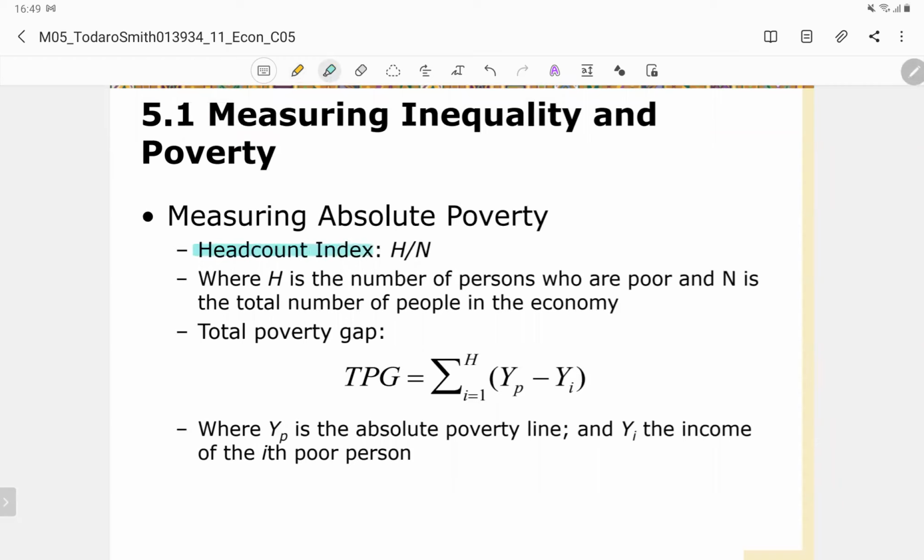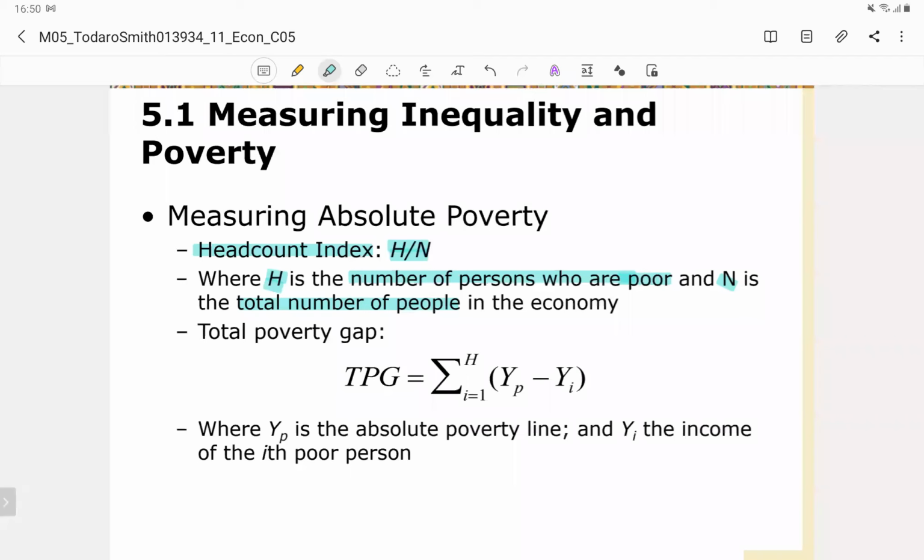Basically, with the Headcount Index, you just calculate H divided by N, where H is the number of persons who are poor, and N is the total number of people. So the number of people who are poor divided by the total population. Okay, that's the headcount index.